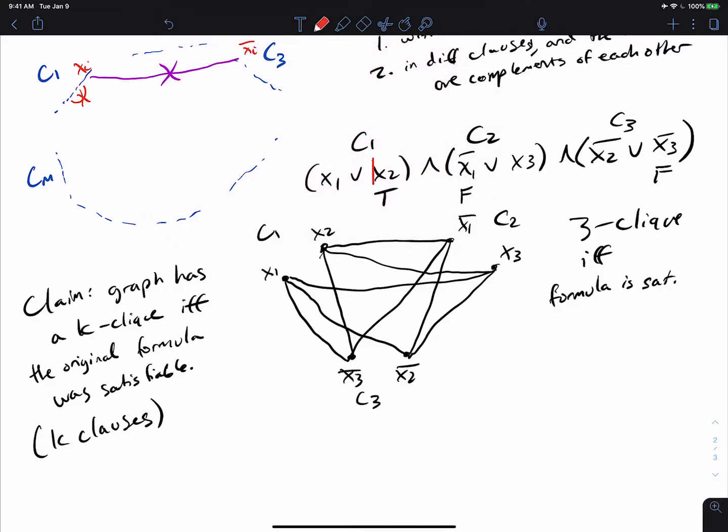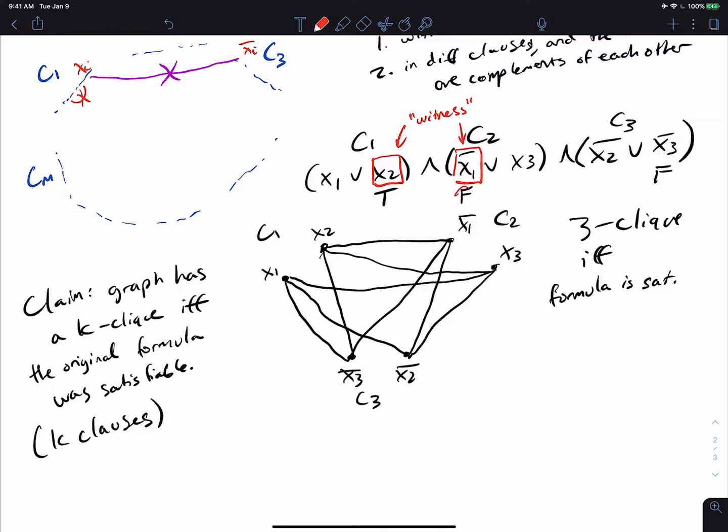We have this variable being the so-called witness that the clause is actually true. I don't care about x1 in this clause. As long as this variable is true, then we're all good. Then x1 bar right here is also the witness for the second clause. x3 doesn't matter here because x1 bar is true.